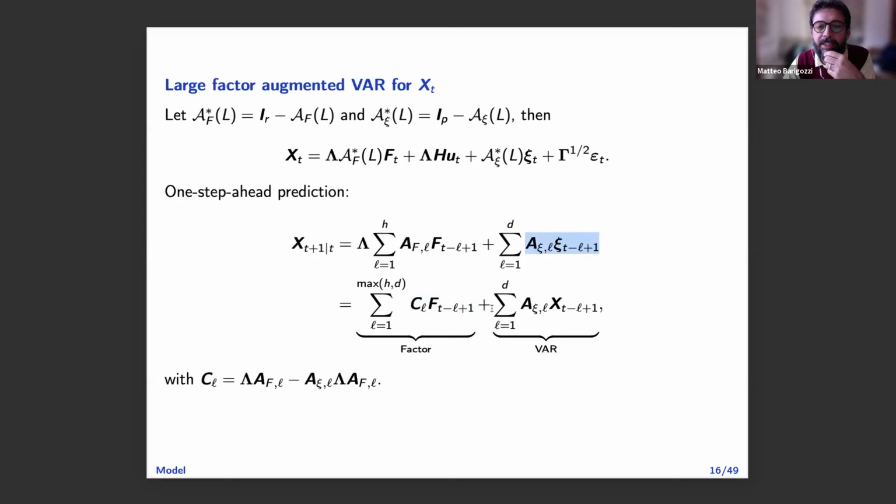If you just redefine the loadings, this is a factor augmented VAR, in the sense that it is a VAR forecast augmented with the forecast from the factors. This is just a selling point, because we will not use this formulation to make the forecast, but you can always rewrite everything in this way.